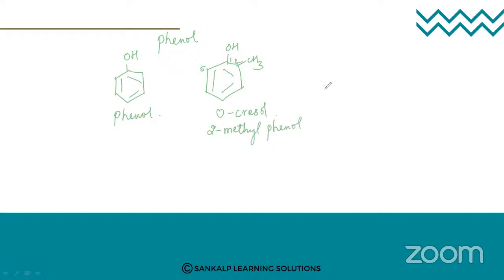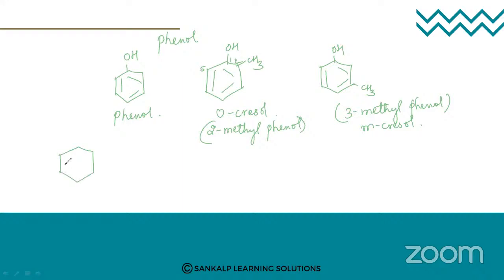Then next is this particular compound where you have an OH group and CH3 at the third position. So what is the name? It is 3-methyl phenol, and the compound is metacresol. The next is OH and CH3 at the 4th position.